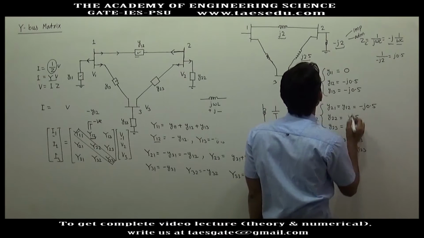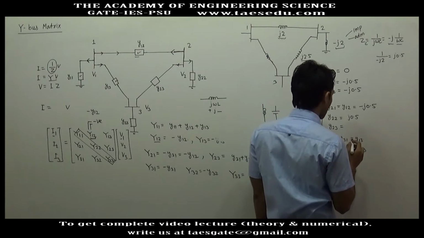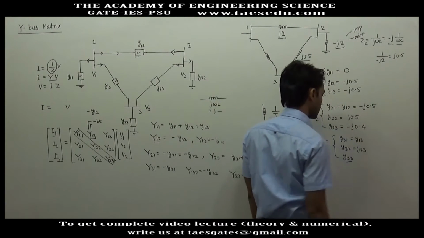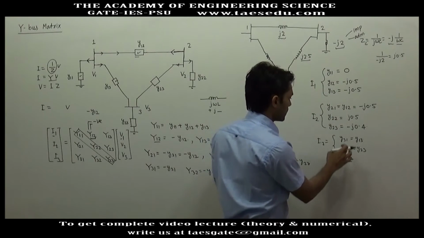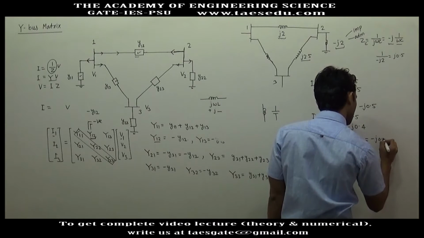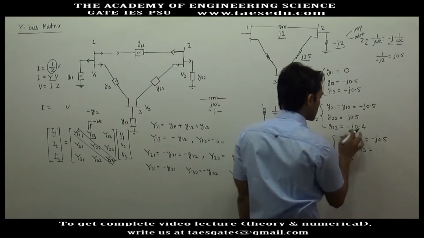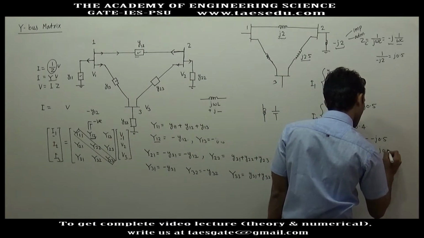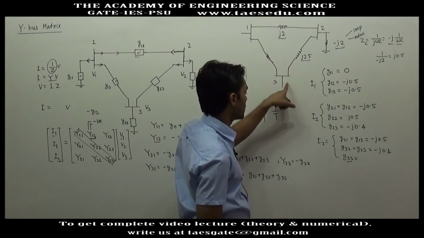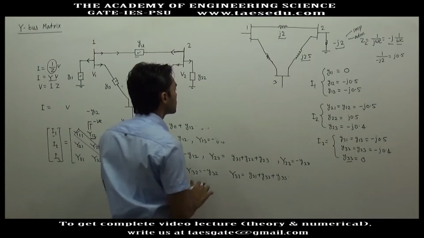The inverse of j 2.5 will be minus j 0.4. y31 is nothing but y13, which is minus j 0.5. y32 equals y23, which is minus j 0.4, and y33 is the admittance of the shunt element at bus 3, which will be 0. Now we can form the matrix.